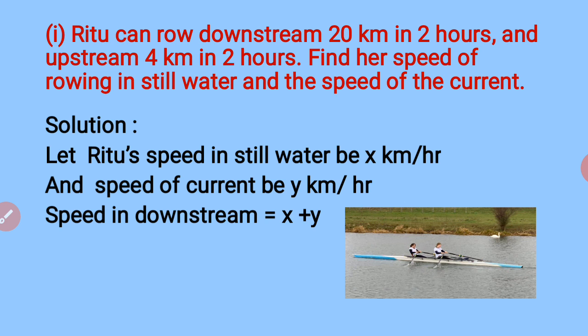It will be x plus y. Normal speed, that is the speed in still water, plus the current, that is the speed of the water that is flowing. So speed downstream will be x plus y. And what should be the speed upstream? Obviously it has to be minus. So speed in the upstream way, it will be x minus y. So with this knowledge, let us proceed.